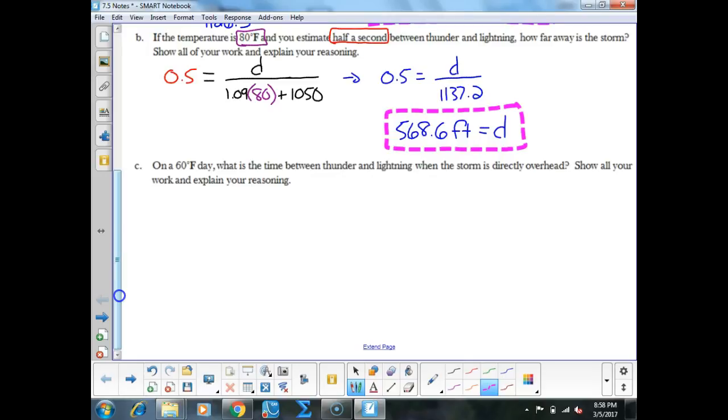On a 60-degree day, that tells me my temperature. What is the time between thunder and lightning when the storm is directly overhead? Directly overhead means d is 0.